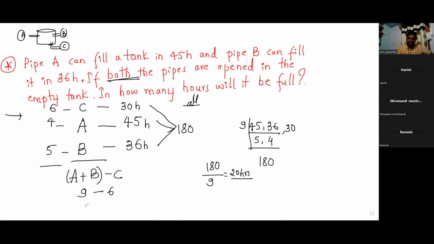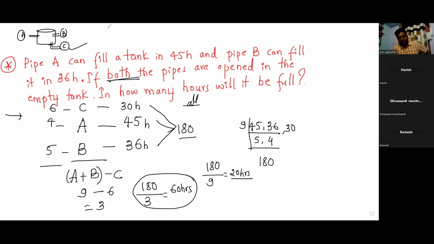C is 6. So it will be 3. Total work was 180 again. 180 divided by 3 is 60 hours. Getting this? If an exit pipe is also used, this is the only small twist. You understood why we are using minus also?